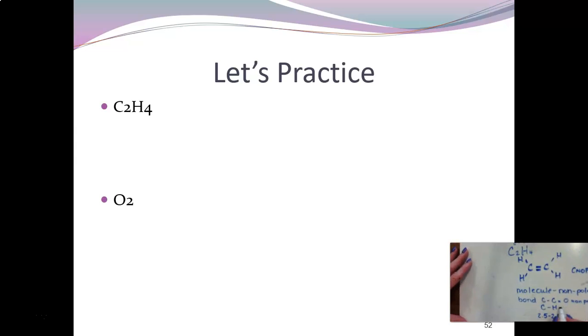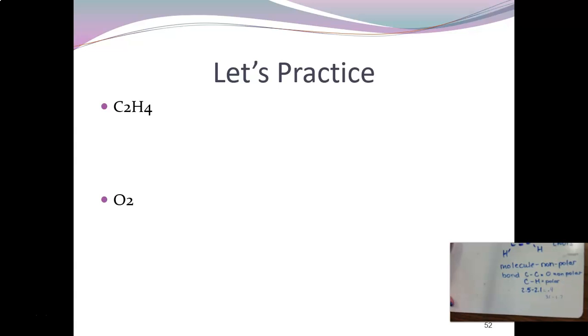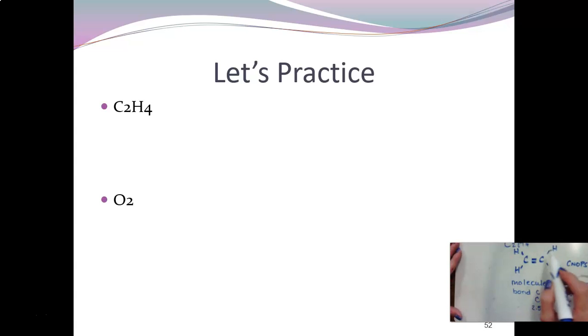So the carbon-hydrogen bond is polar. It is possible to have some nonpolar and some polar bonds inside there. The molecule itself is nonpolar. This bond is nonpolar. These bonds are polar. All right? Don't be confused. It's okay. All right, O2.